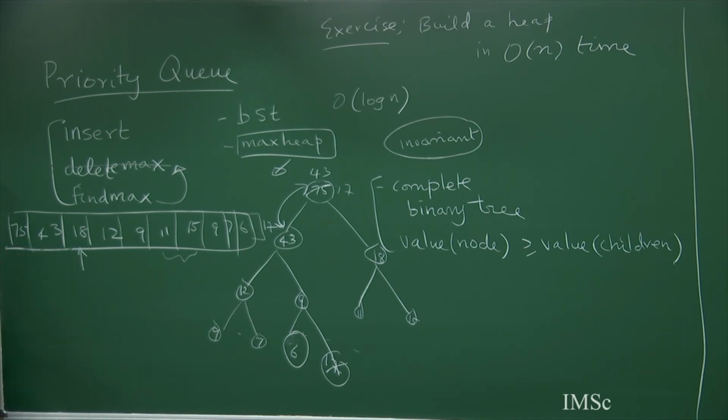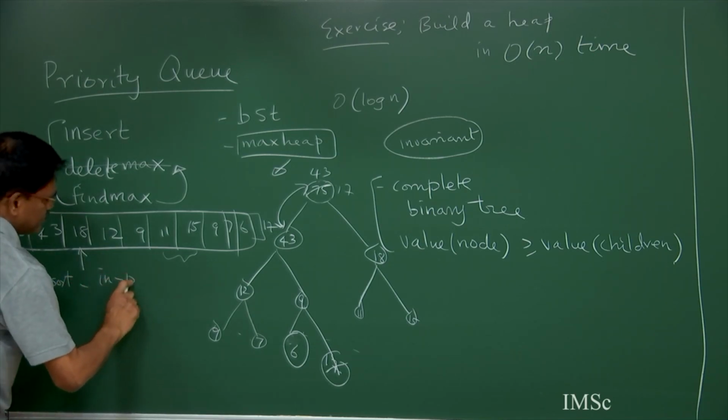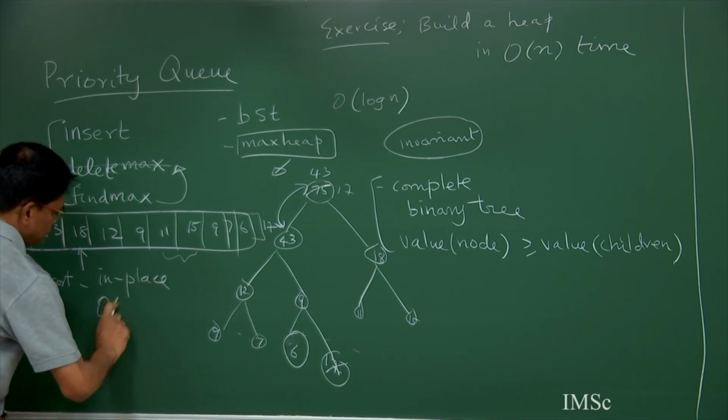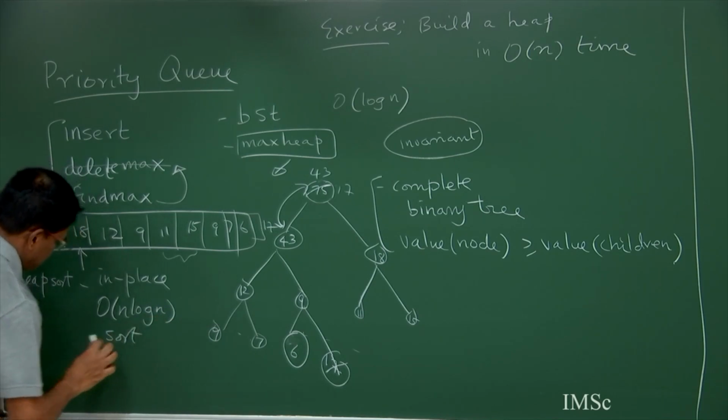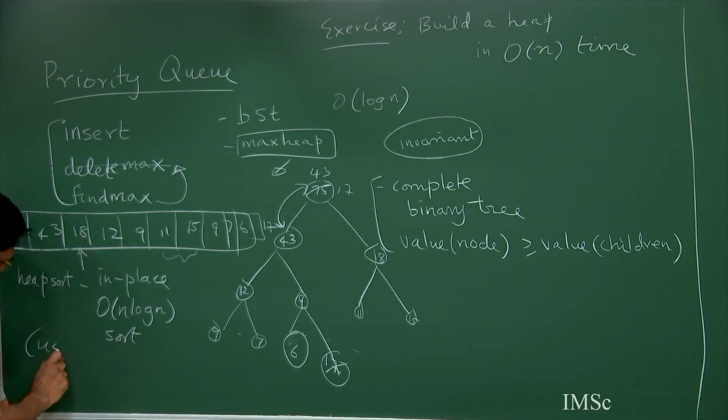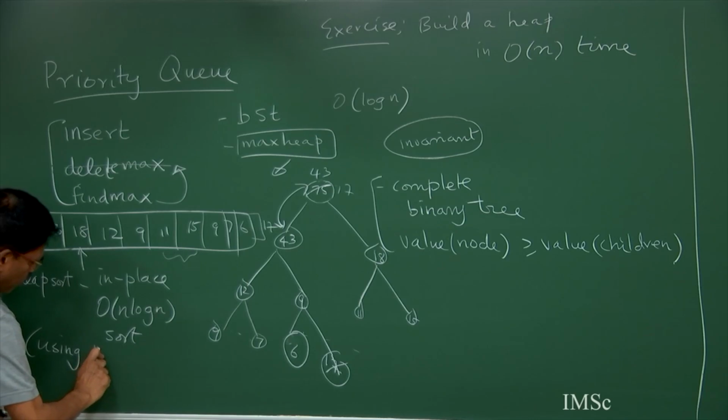It will take n log n time, and what is nice about it is this is one of the in-place sorts, meaning you can sort using no extra space, a constant amount of extra space.